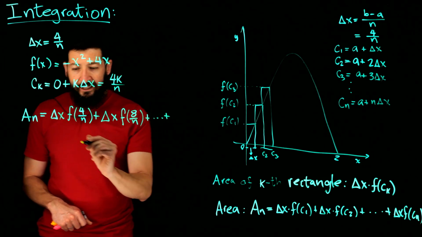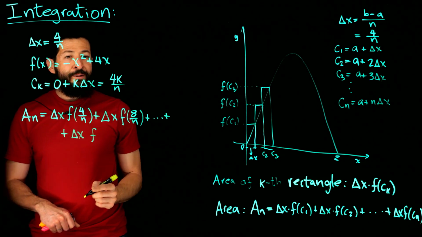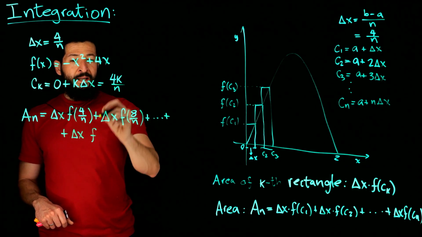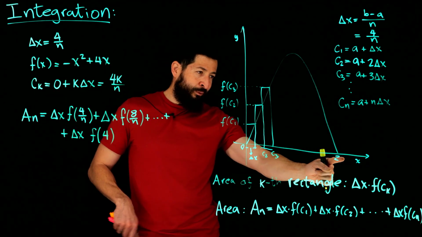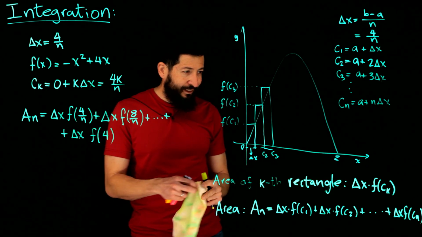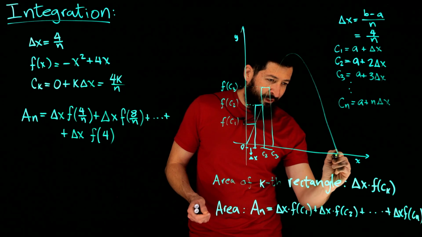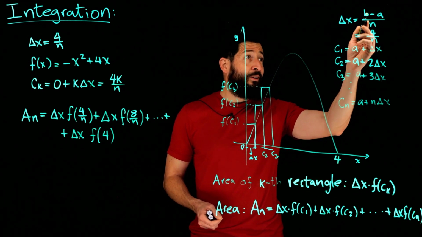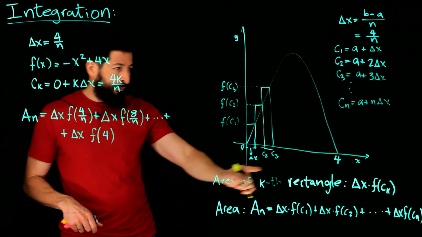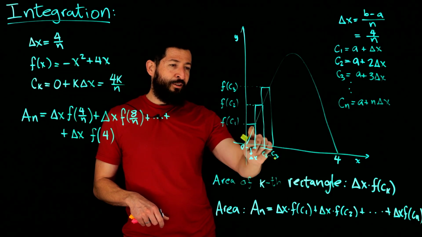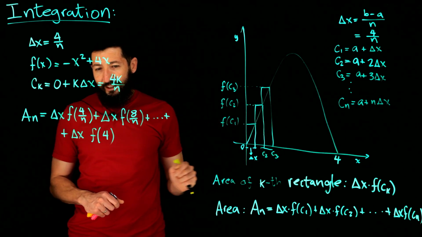And I keep going like that until I get to delta x, f of, and then I'm going to get k equals n, f of 4. F of 4 was the last one, and I found yet another mistake. I drew the same graph, and I gave you 2 as my endpoint here, even though we didn't use it. But remember, the endpoint was 4. That's what we used, 4 minus 0 over n. So f of 4 represents the last entry. So you start 1, 2, 3, and the nth term is going to be your last endpoint.